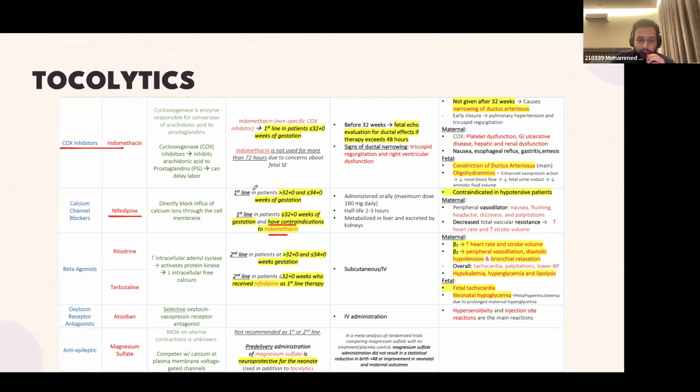You just need to remember these two. Indomethacin, after 32 weeks, you can't give it. Below 32 weeks, it's first line. After 32 weeks, you can give nifedipine. If they have a contraindication to indomethacin, such as GI bleeds, renal insufficiency, and so on, you can give nifedipine.